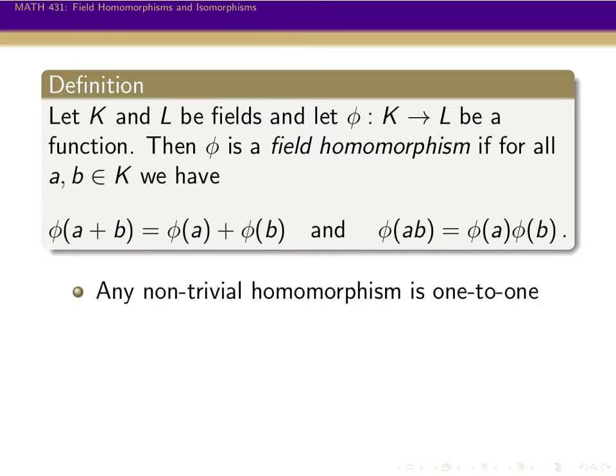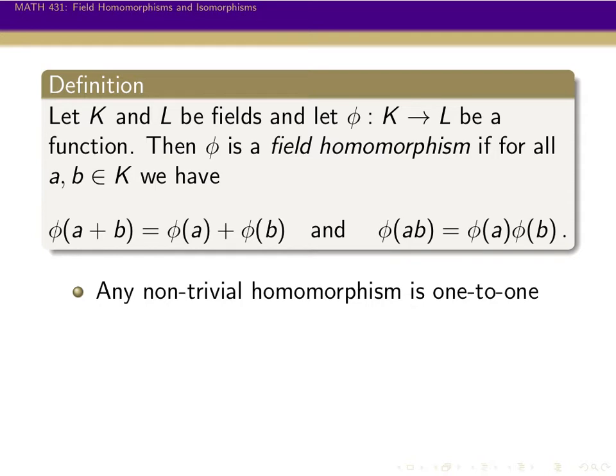Something that we've talked about earlier in the term is that any non-trivial field homomorphism is always going to be one-to-one. This boils down to the fact that the kernel of a homomorphism has to be an ideal, but fields only have two ideals, the whole field or zero by itself.